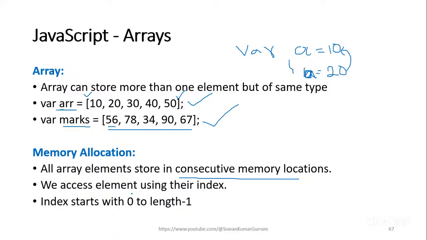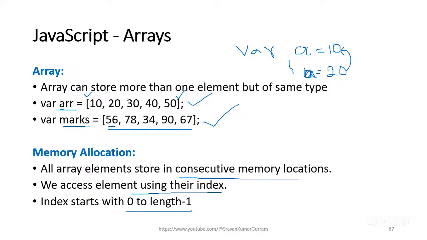To access them, we use the index mechanism. Indexes start with 0 and end with length minus 1, where length equals how many elements the array has. That is called the length of that array.